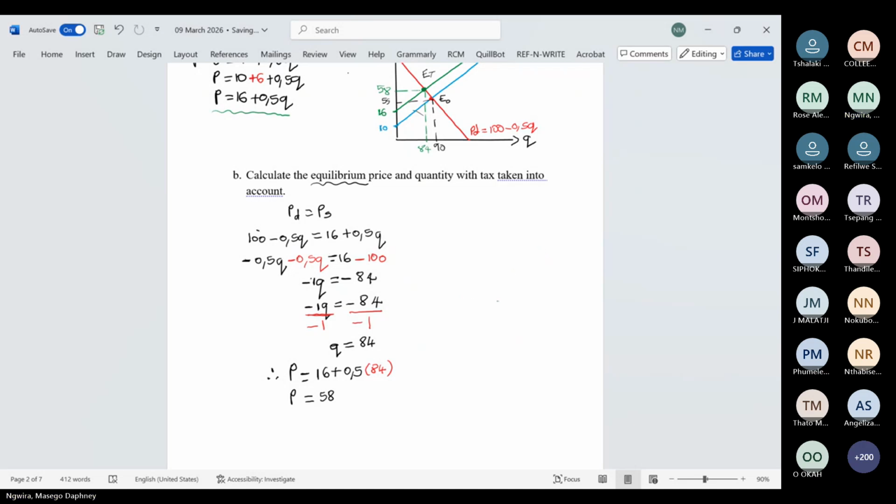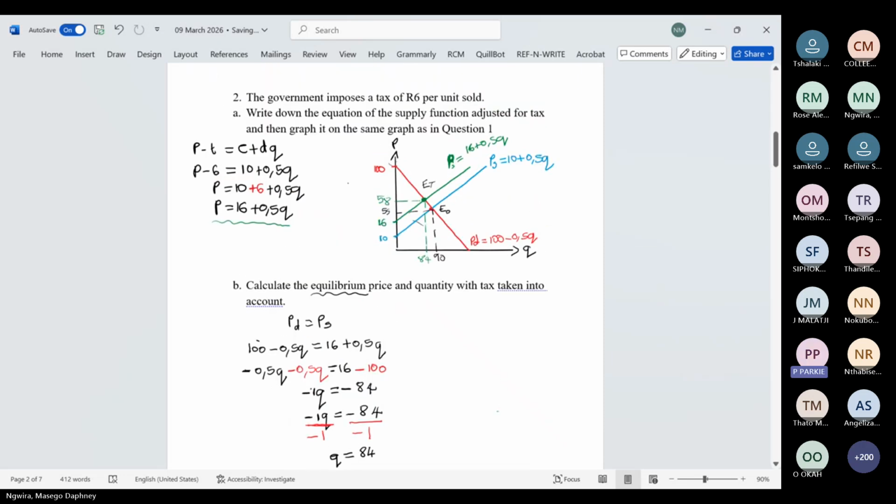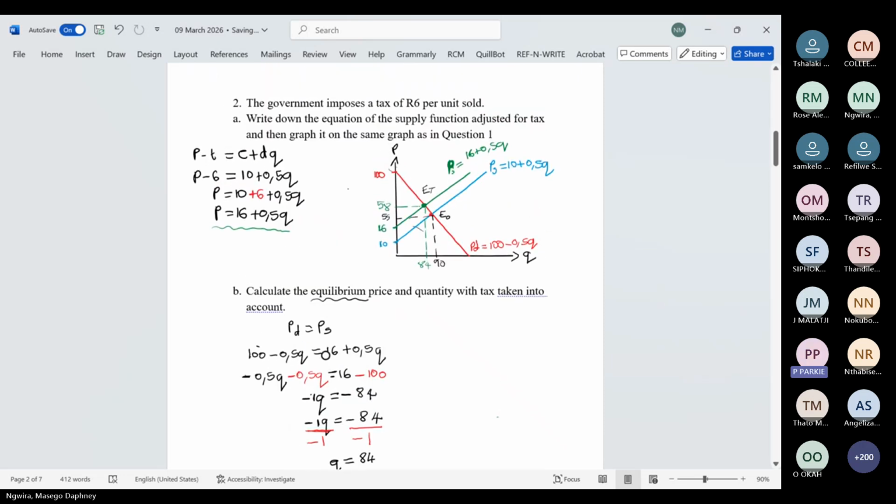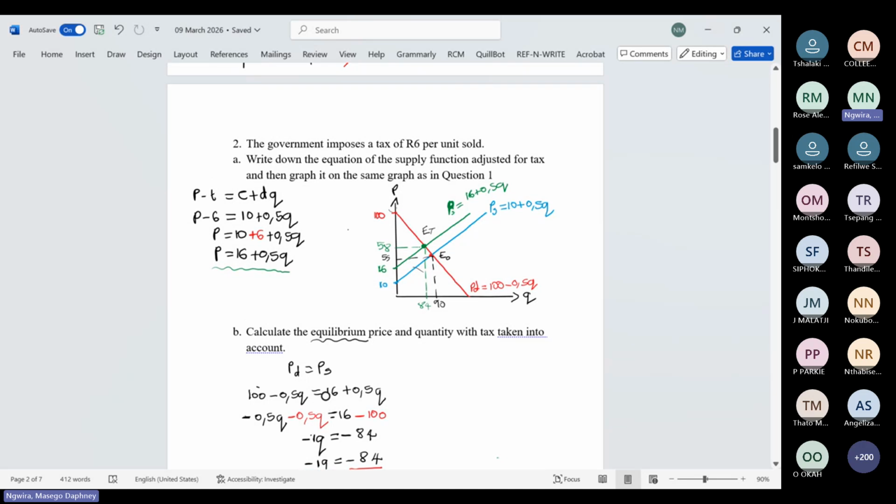For the graph, why do we put P on the y-axis? Because we usually put Q on the y-axis and P on the x-axis. Okay, so we are putting the P on the y-axis because our function says P is equals to. If we say P is equals to, it means that P depends on Q. That's why it has to be on the y.